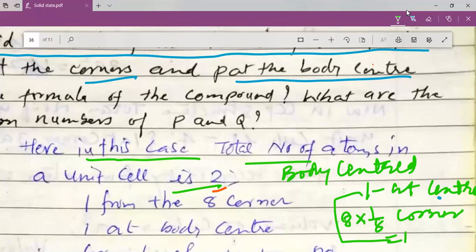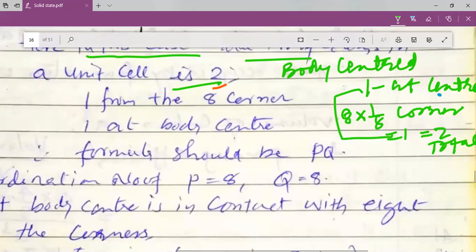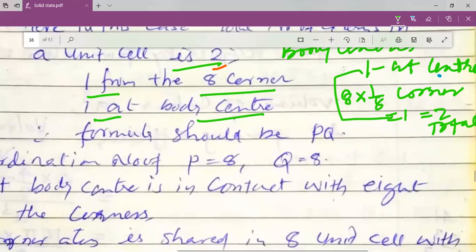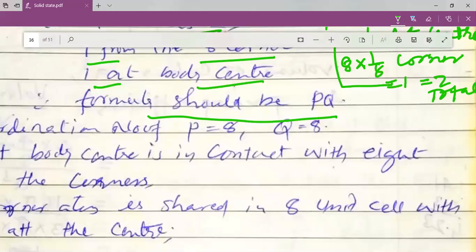So 1 plus 1 is equal to 2 total. So we have total 2 atoms present per unit cell. It is clearly written that 1 from the 8 corners and 1 at the body center. So we can say that the formula should be PQ.